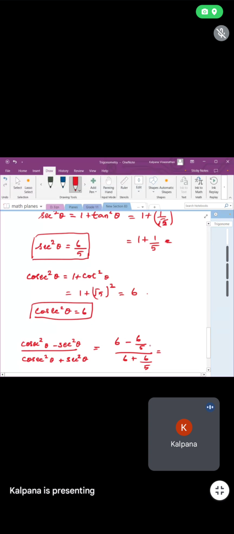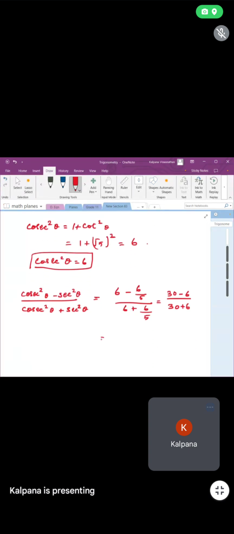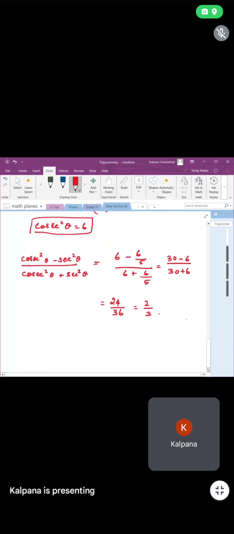What are you getting, children? Taking LCM, 30 minus 6 by 30 plus 6. 30 plus 6 is 36, so it is 2 by 3. Okay, it is 2 by 3. Did you all get it? Yes. Okay.